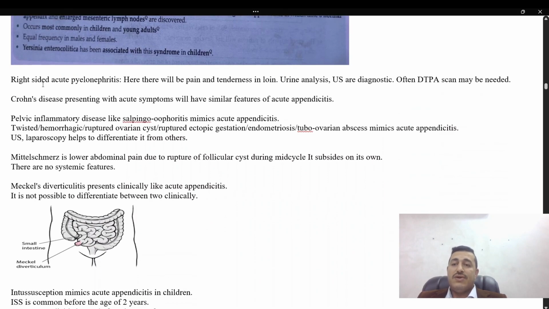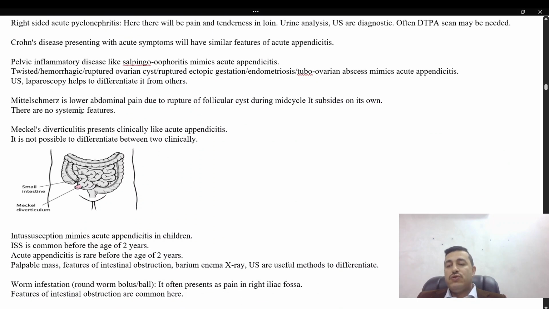The differential also includes right-sided acute pyelonephritis. Crohn's disease, and we said the most common location is the ileocecal region. In females, pelvic inflammatory disease such as salpingo-oophoritis, tubo-ovarian abscesses, etc. I'm not sure about my pronunciation, but Mittelschmerz syndrome is where we have lower abdominal pain due to rupture of the follicular cyst in the middle of the female cycle.